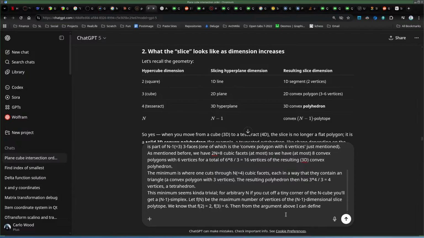Then from the argument above, I can define f of n. The f was defined as the maximum, right?